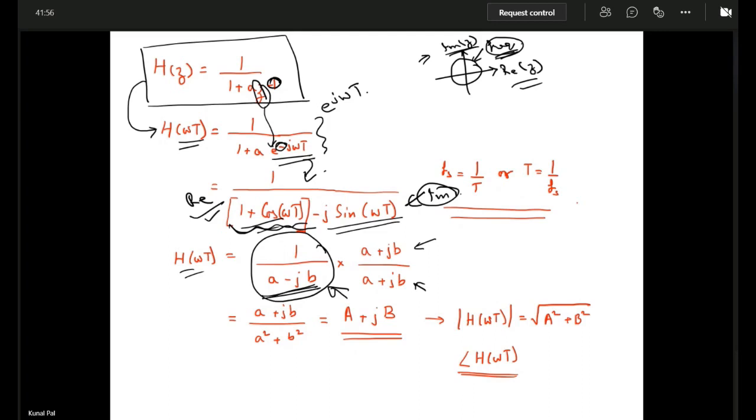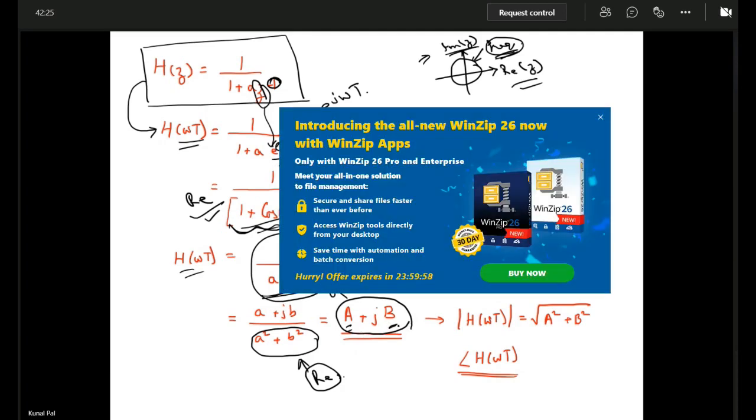When you do that, the denominator becomes a real number, and the numerator becomes capital A plus j capital B.